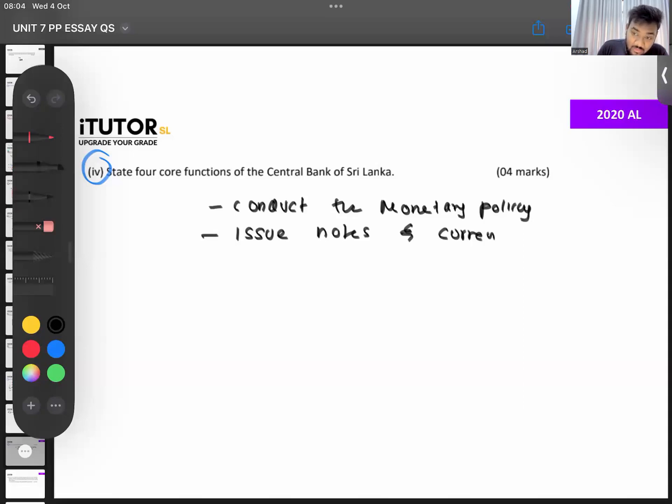What else? Guys, for things like this, don't write agency functions. Remember when we learned the functions of the central bank, in my tute also, in any tute, guys, we divided them into core functions and agency functions. What are the agency functions?